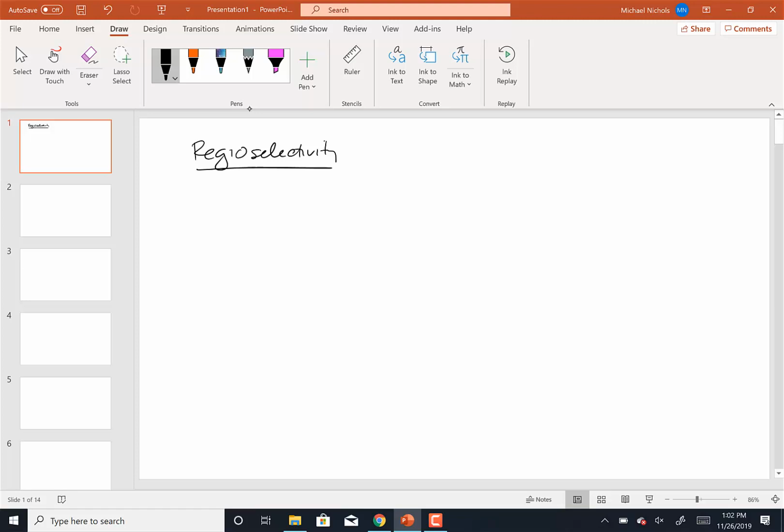So if we're looking at regio and stereoselectivity, again, just to go back to yesterday, the first part for both of these is selectivity.